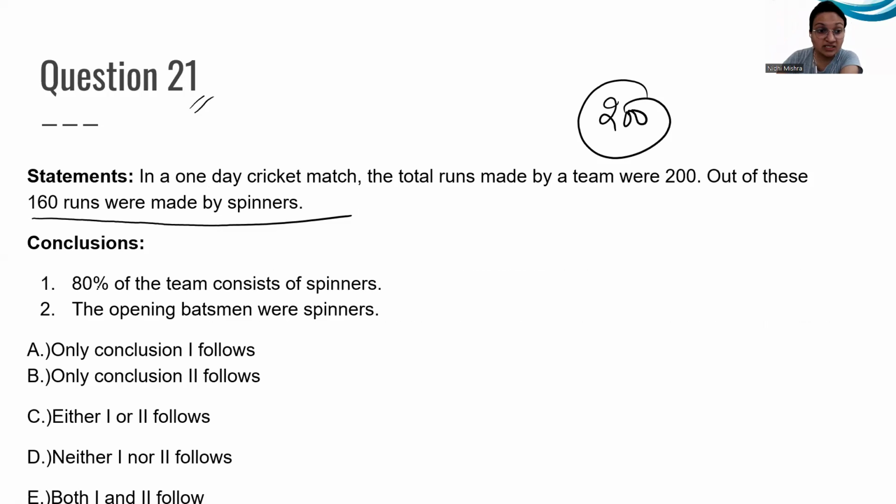Conclusions. 80% of the team consists of spinners. 160 upon 200 is 80% of 200. But this doesn't mean that 80% are spinners. There can be only 5 spinners also who are making 160 runs. There can be 2 spinners also. So this is not correct.